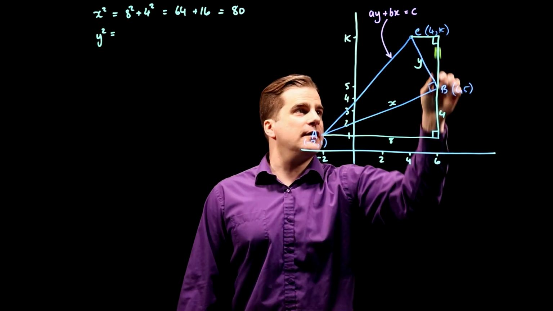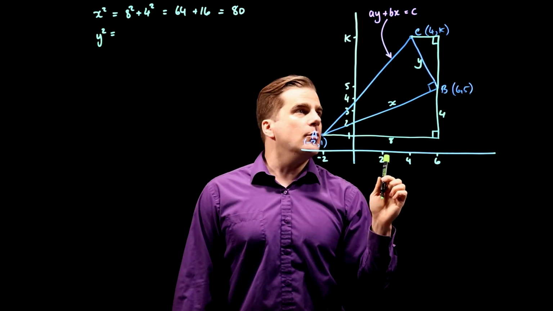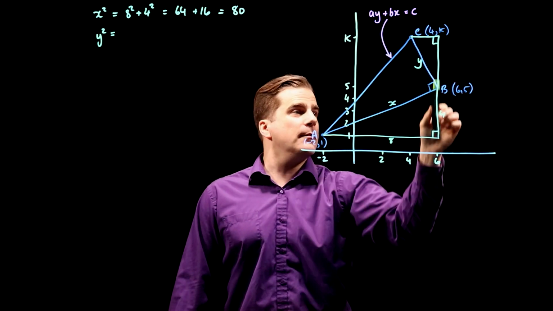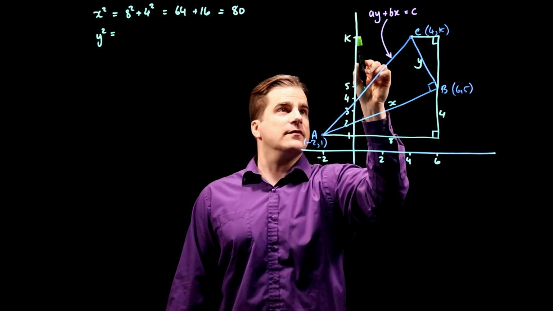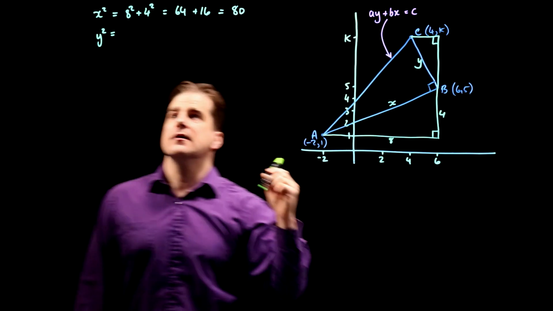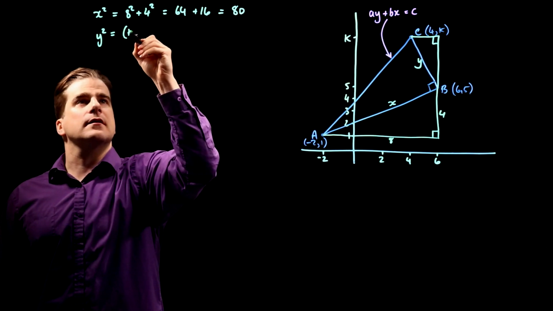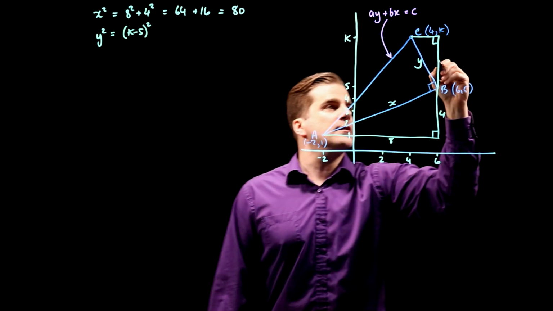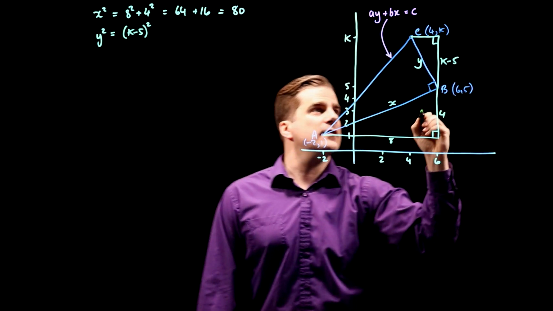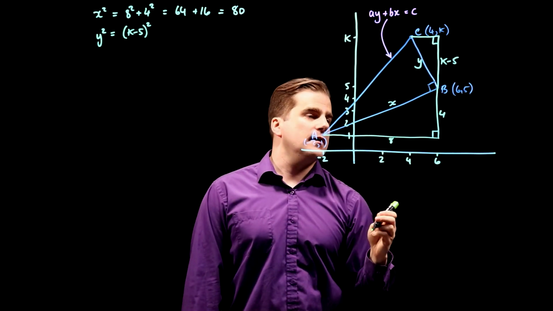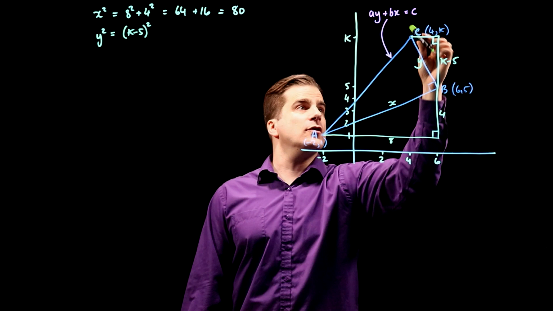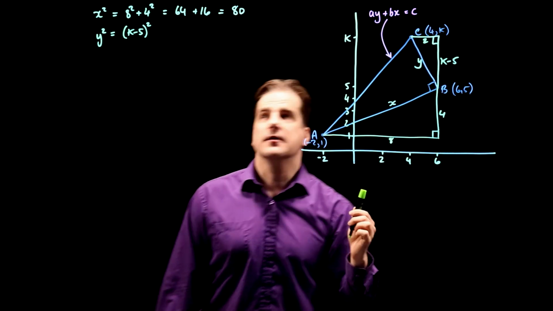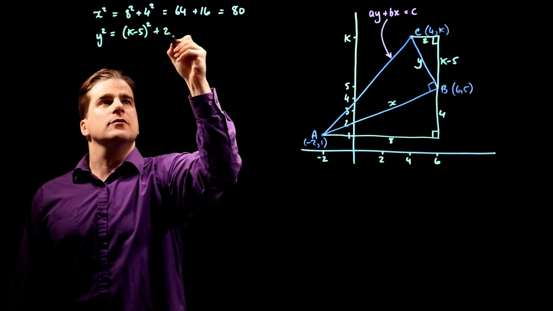So what's the length of that? We don't know exactly, but we do know that it's equal to k minus 5. So it goes from 5 to k. So it's k minus 5 squared, and that is 2, because it's from 4 to 6, plus 2 squared.